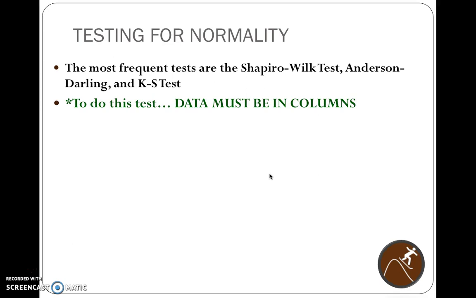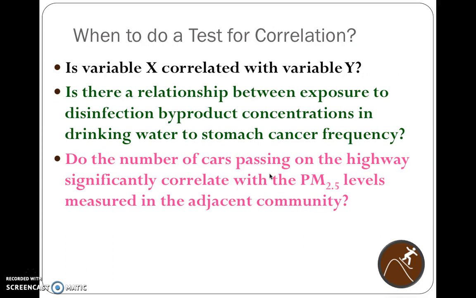So again, in order to do the normality test, the data must be in columns. And in order to test for correlations, we want the data also to be in columns. So you may be interested in seeing if variable X is correlated with something like variable Y. Things like, is there a relationship between exposure to disinfection byproducts in drinking water?